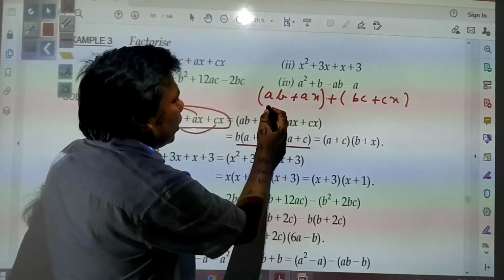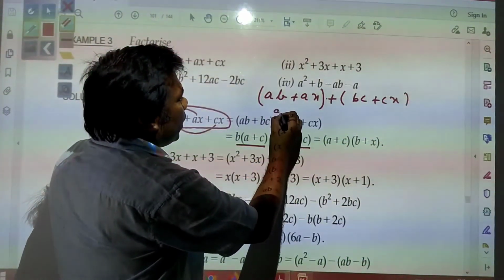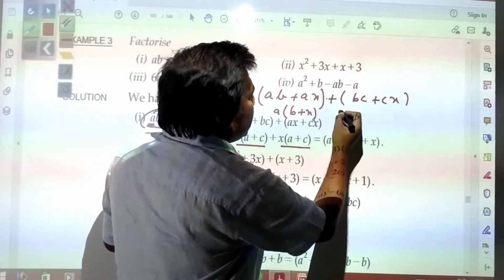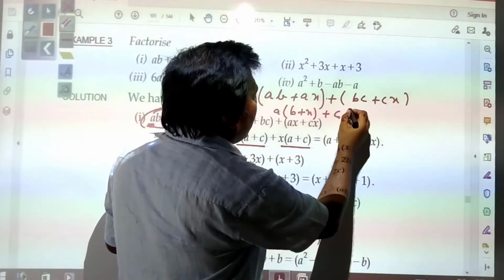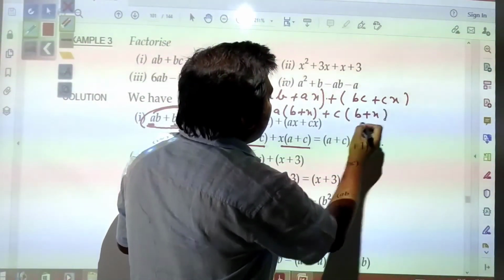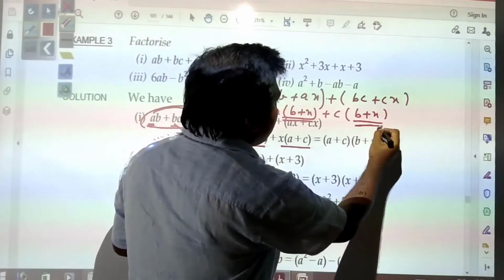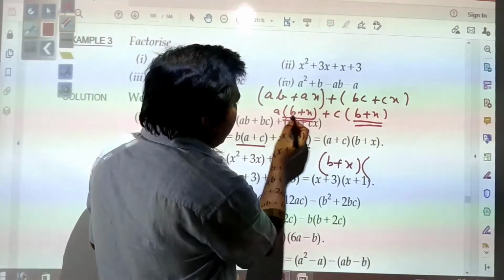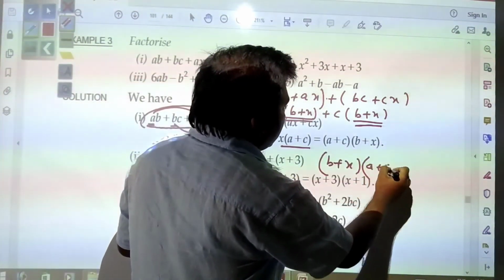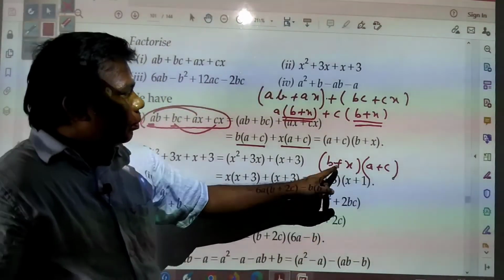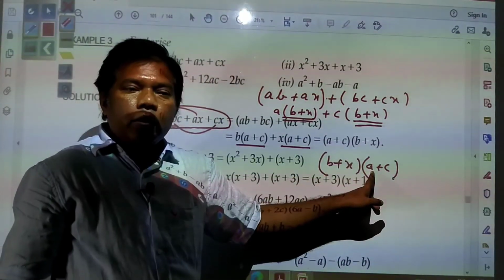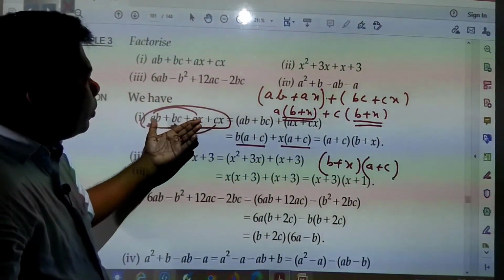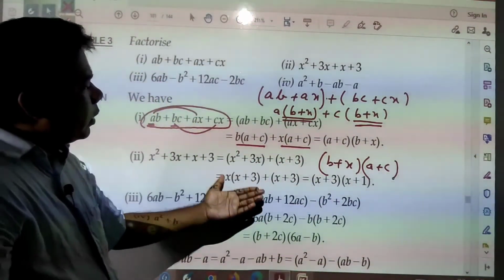Now you see, here A can be taken out common, you will be left with B plus X. Here C can be taken out common, and you will be left with B plus X. Now B plus X and B plus X you have got, so B plus X into A plus C, the same answer you have got. So in this way also it can be done. So you need to think how it is to be grouped, so that the common factor you can get.